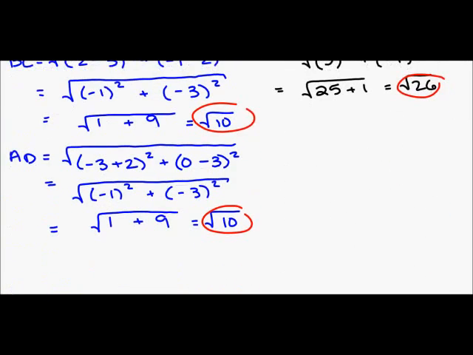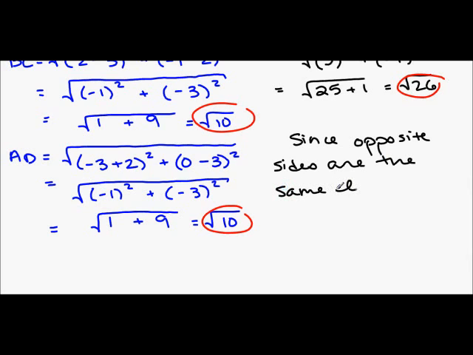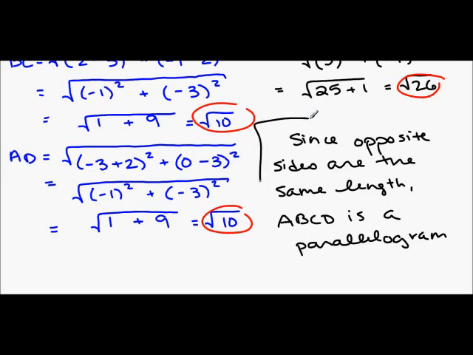So my conclusion here would be, since opposite sides are the same length, ABCD is a parallelogram. And that would be my conclusion here.